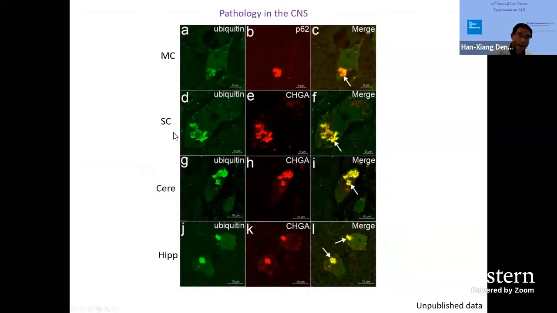And this is a different area: motor cortex, spinal cord, cerebellum like Purkinje cells, and hippocampal neurons. The neurons in the hippocampus are all almost identical. You can see these are big neurons. They're all identical.